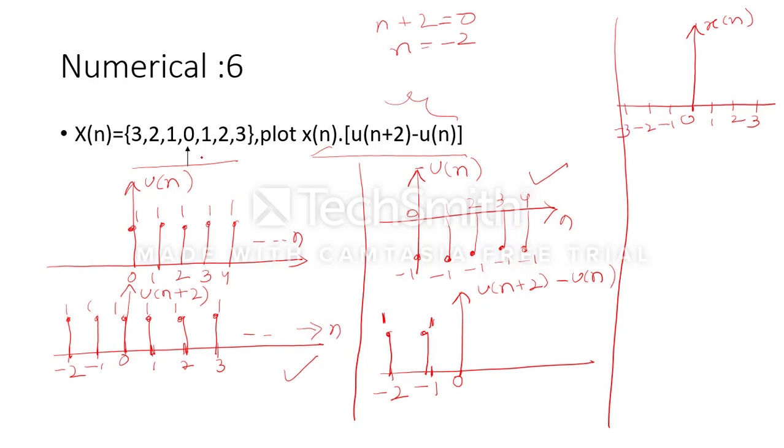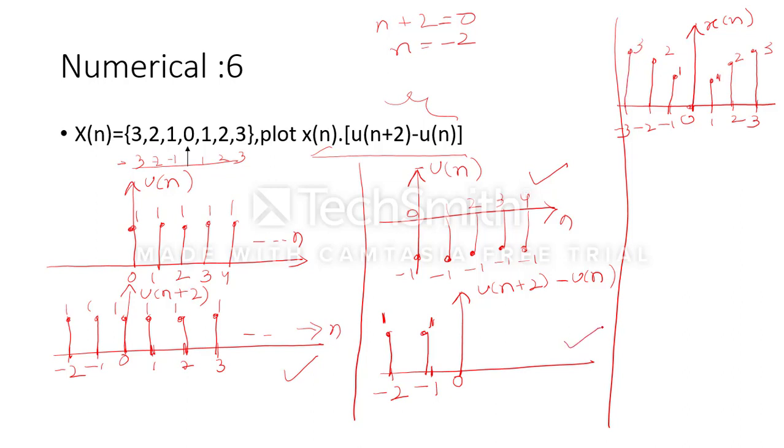At 0, the sample is 0. At 1, 1 magnitude. At 2, 2 magnitude. At 3, 3 magnitude. At minus 1, again 1 magnitude. At minus 2, again 2 magnitude. At minus 3, again 3 magnitude.